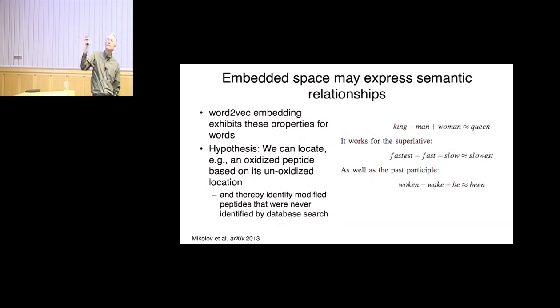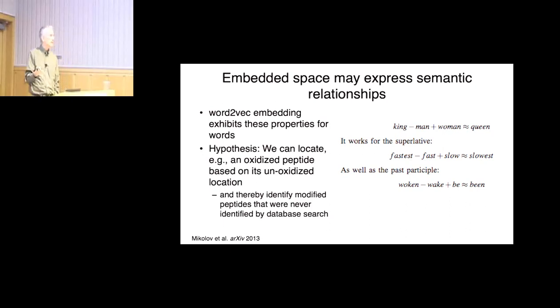So we were hoping that we might be able to see similar kinds of things if we look, for example, at amino acid substitution or post-translational modifications or even mass changes.